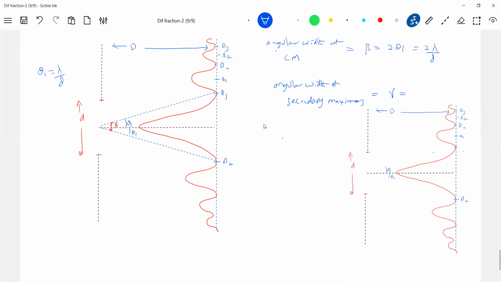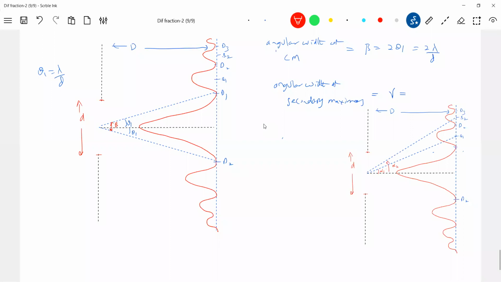Let me take all these things out. Look carefully. So this is B1, and this is B2. If I do like this, what do I get? I get the angular width of the central maxima. So this distance is how much? This is alpha 1, this is alpha 2.